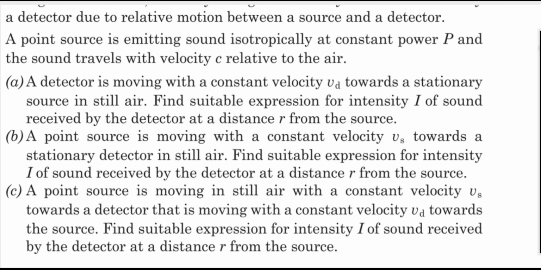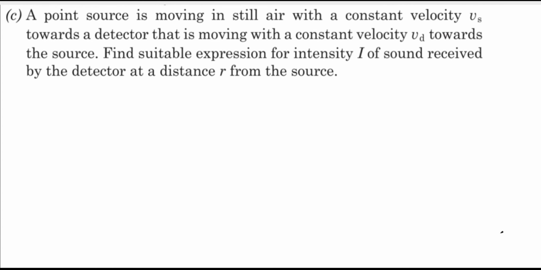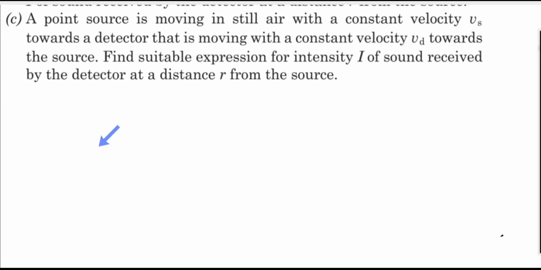So let's begin solving this question from the start, and the very basic background that I want to give you, and I'm sure all of you know, is that if there is a sound source or any wave source of total power P that is at rest, the intensity at a distance r can be determined using this simple concept: since the energy is flowing in all possible directions equally, we are assuming isotropic air here.